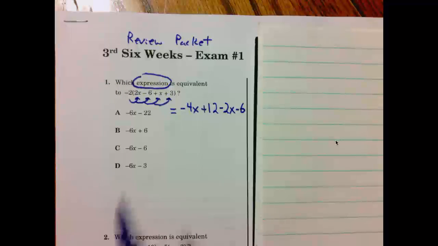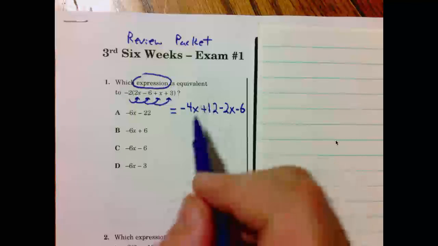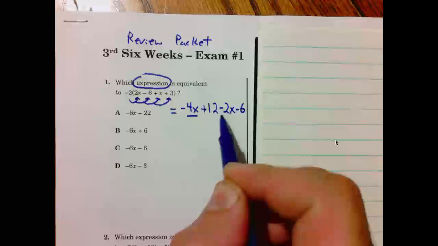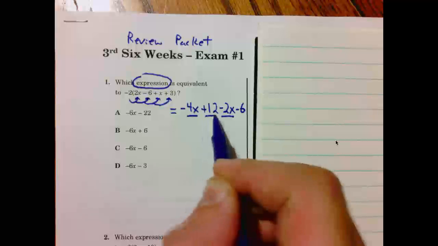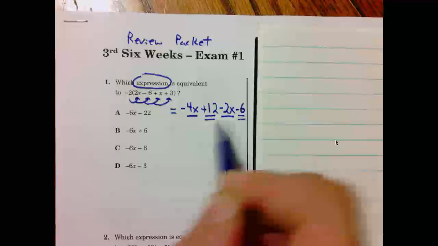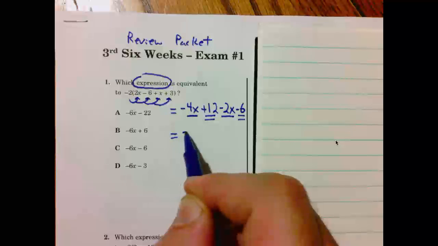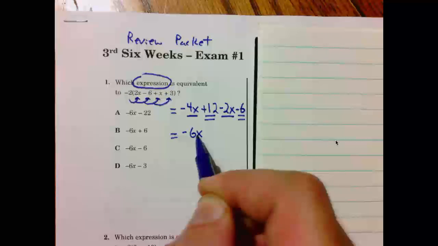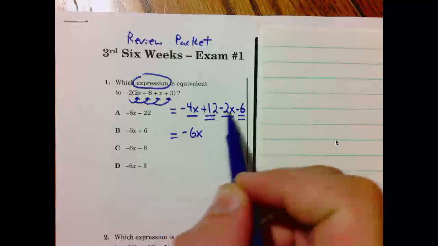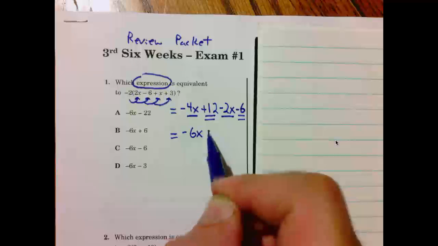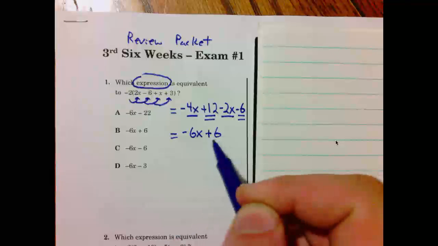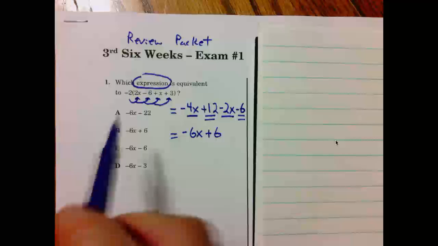Alright, now we can combine like terms. The x term is like the x term, and the constant term is like the constant term. -4x minus 2x will be a -6x. 12 minus 6 will be +6. The correct answer to number 1 is B.